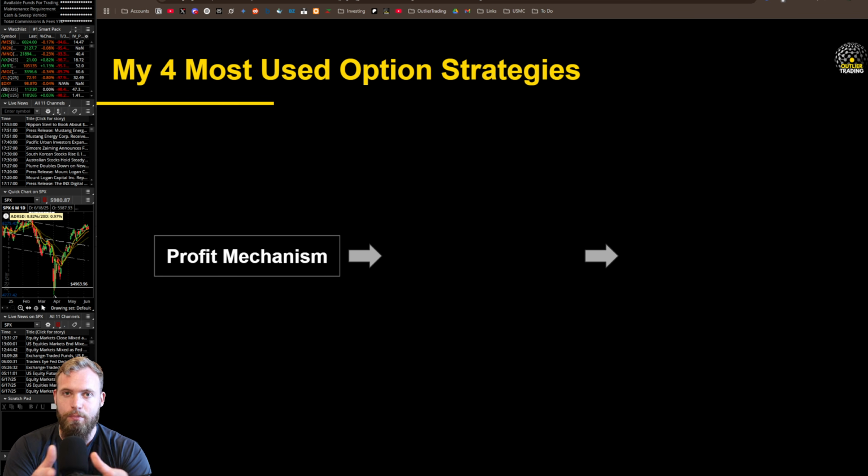And if that doesn't make sense to you, let me explain it. It does not matter if you use a put vertical spread, a call credit spread, a long straddle, none of that matters unless you can match it to a market effect that you can measure and make money from.